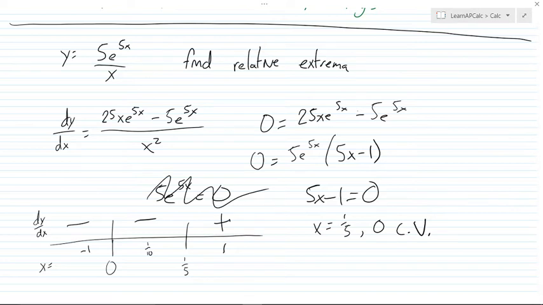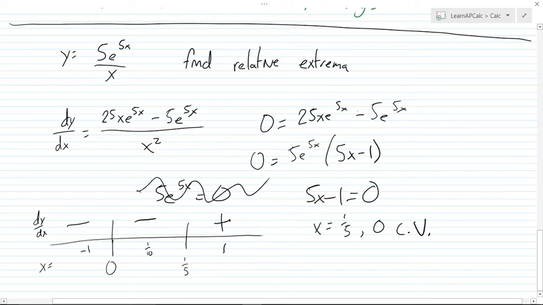If you think about it, everything is over 1, so we can forget about the x squared on the bottom. 25e to the 5x minus 5e to the 5x. That's positive. So it turns out that at 1/5, we're going from decreasing to increasing, so it is a relative min.